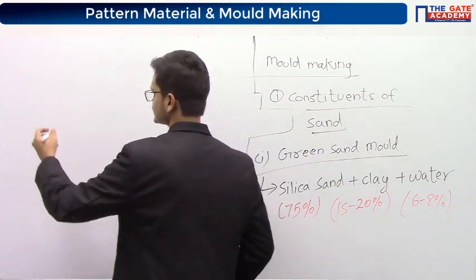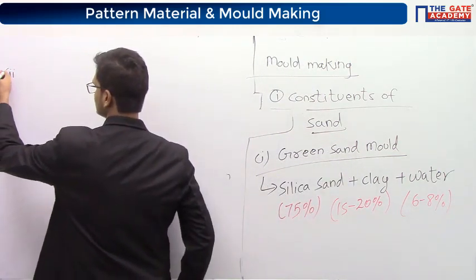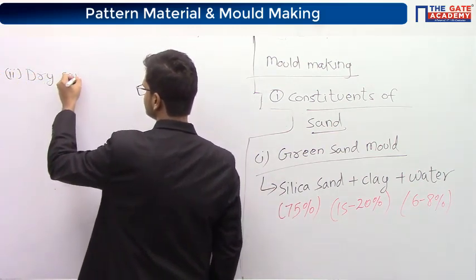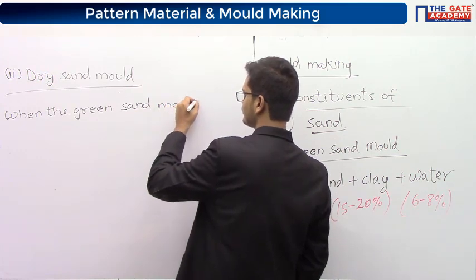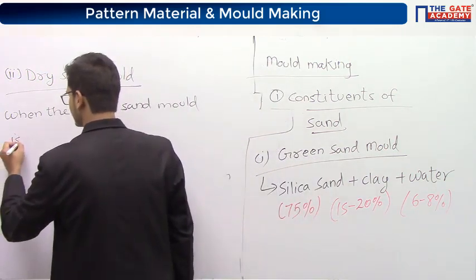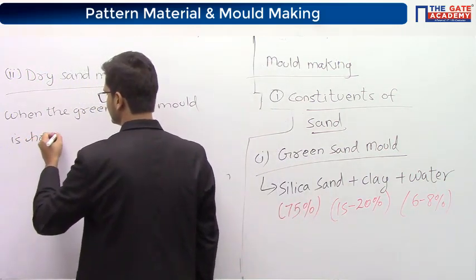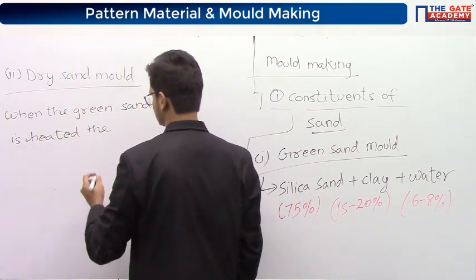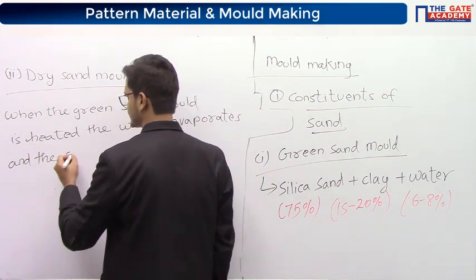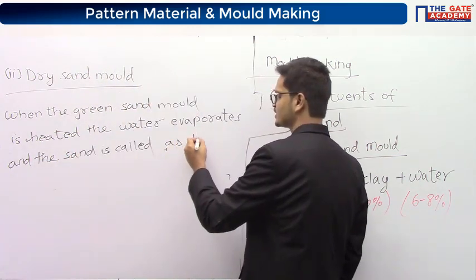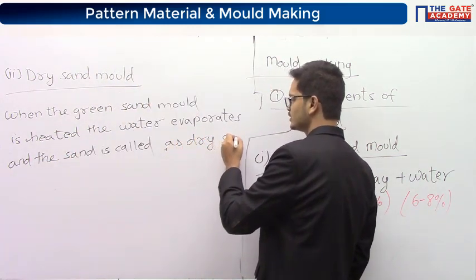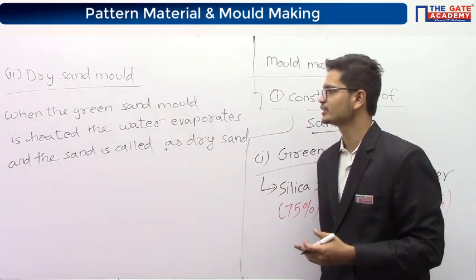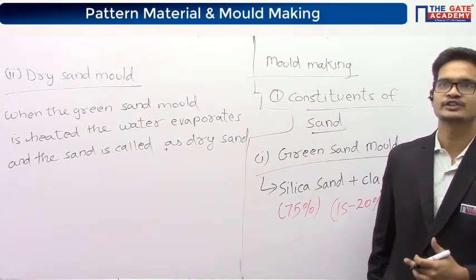So the second is dry sand mold. When the green sand mold is heated, the water evaporates and the sand is called dry sand.